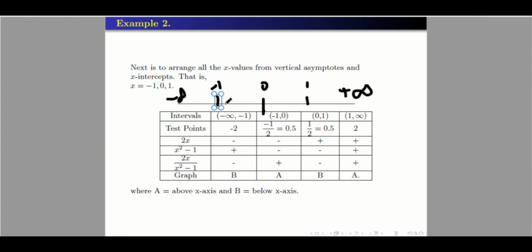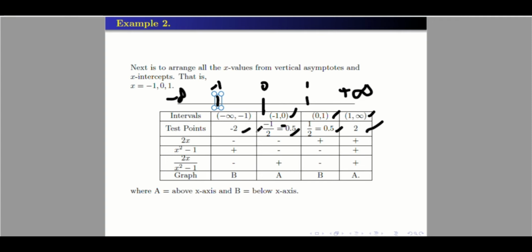So these are now our intervals, negative infinity to negative 1, negative 1 to 0, 0 to 1, then last 1 to positive infinity. Then again, you may choose your own test points as long as it is inside the interval. So this is negative 0.5, 0.5, and 2.